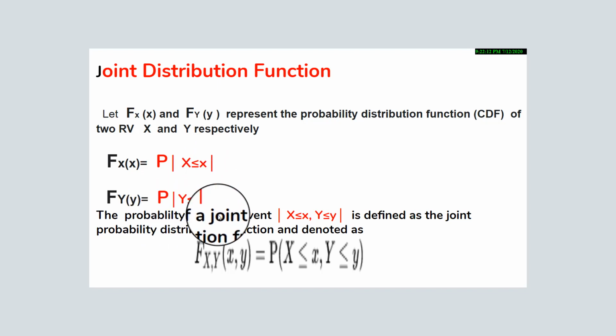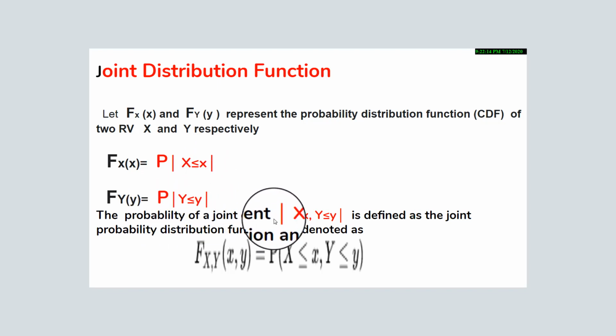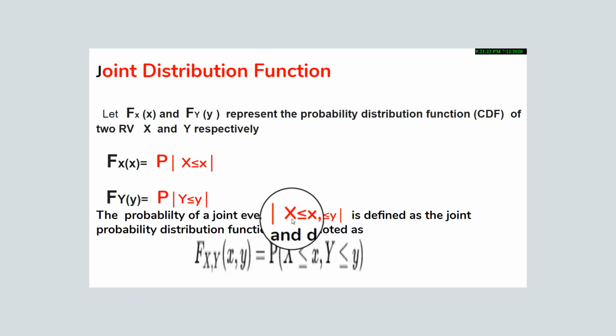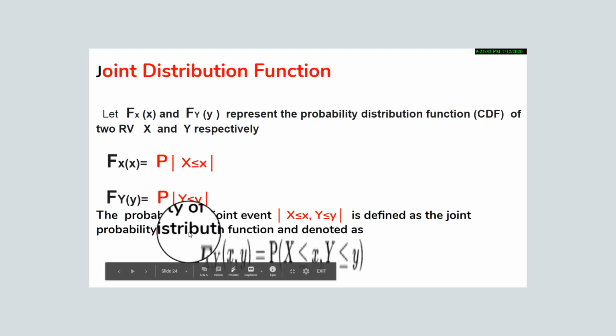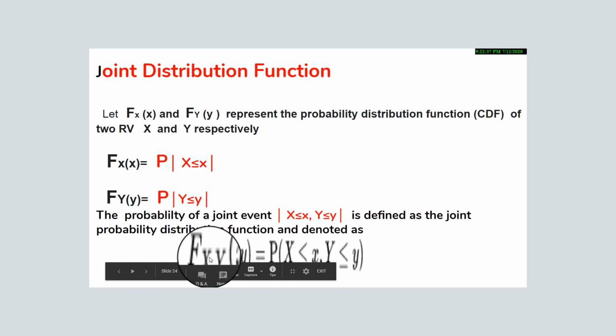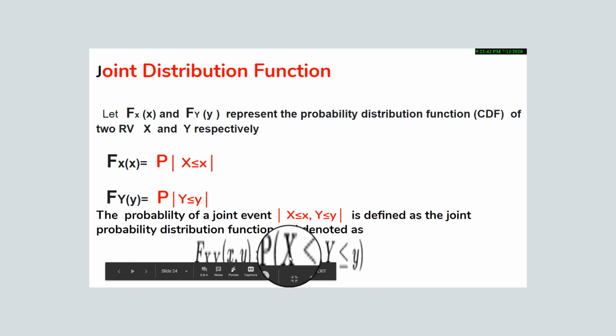Now the probability of a joint event comes into the picture when we have both x comma y. So the joint probability of an event, X less than x comma Y less than y, is defined as the joint probability distribution function, and it is denoted in general as F of xy, F of x comma y, is equal to probability of capital X less than or equal to x comma Y less than or equal to y.